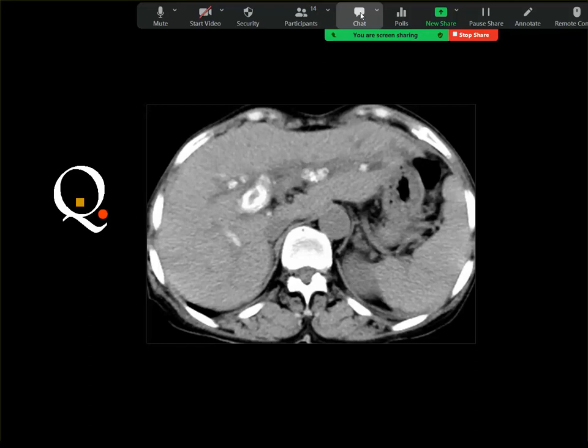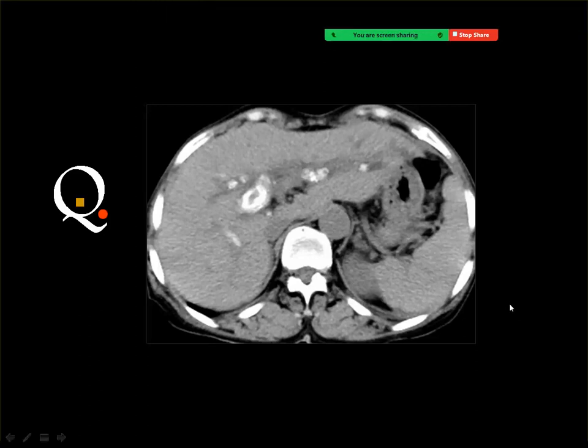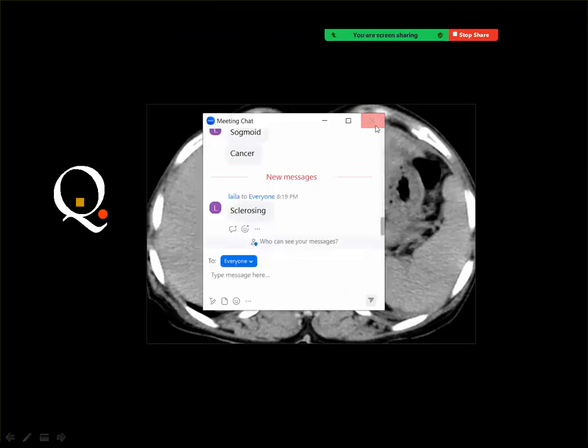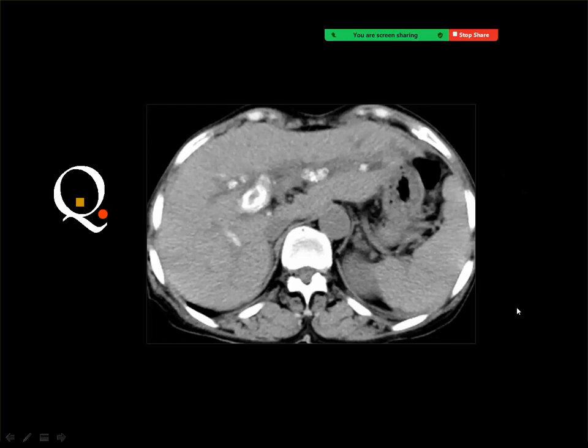No. Cholangitis, I have two types, sclerosing cholangitis and biogenic cholangitis, or its other name is oriental cholangitis. What do you think? Biogenic cholangitis. Sclerosing cholangitis is sometimes associated with stones in the dilated bile ducts, as you can see here.